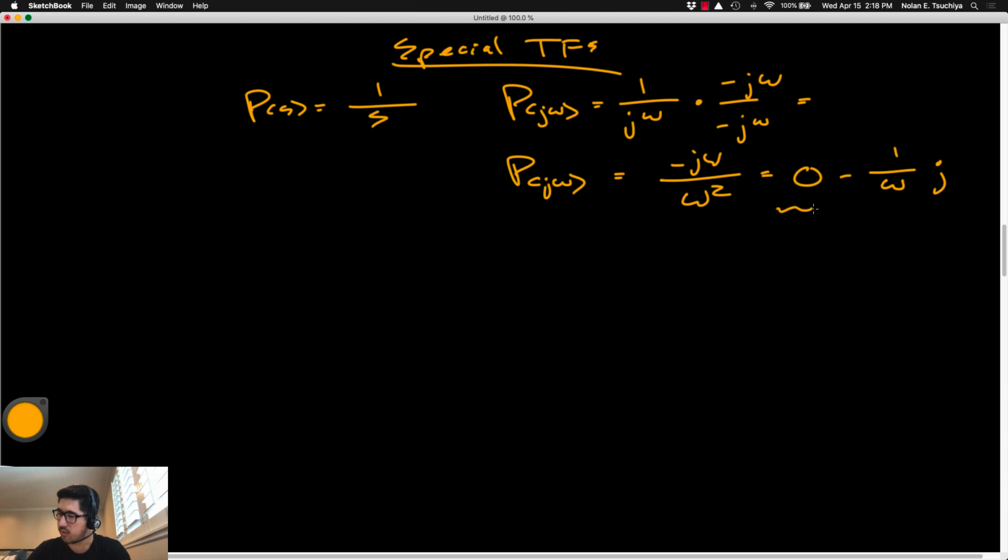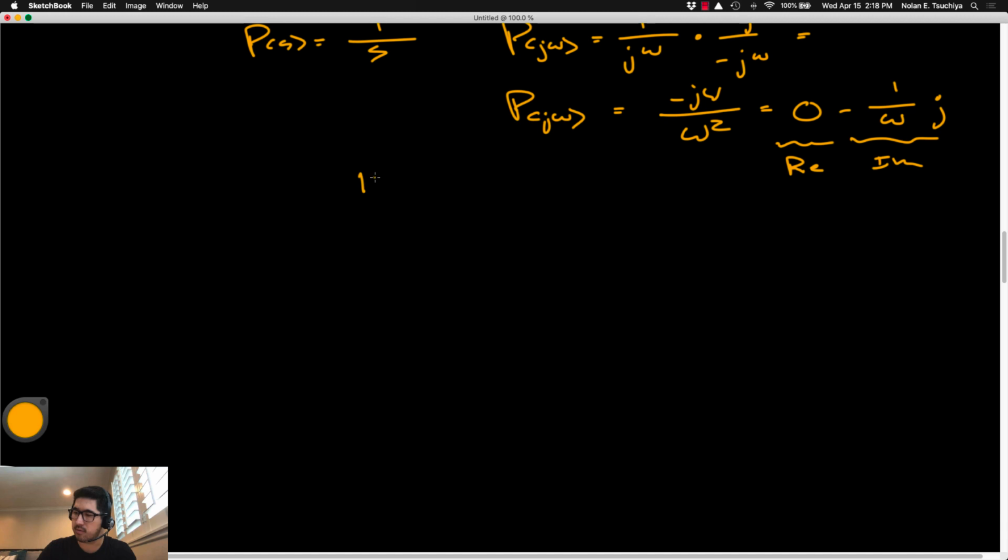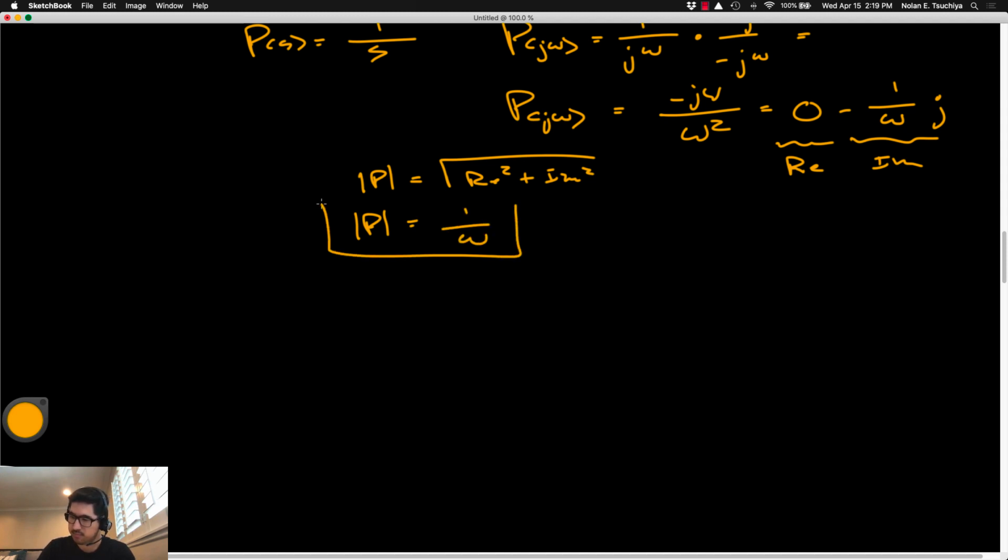And I wrote it this way because now we have it in terms of the real component and the imaginary component, which means we can actually compute the magnitude function, which is given as square root of real squared plus imaginary squared. And in this case, the magnitude function just works out to be 1 over omega.